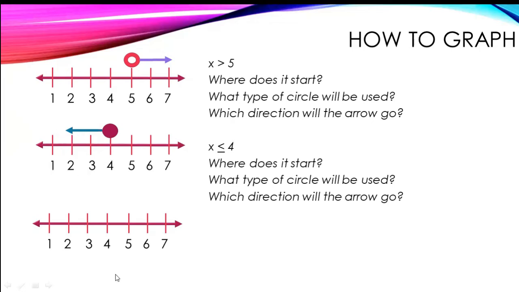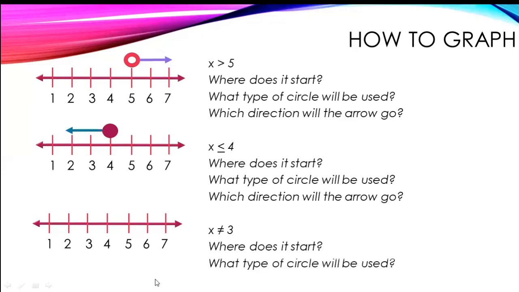Let's do one more. Look here, x is not equal to 3. So where does it start? And what type of circle will you use? Not means we start at 3 and we use an open circle.